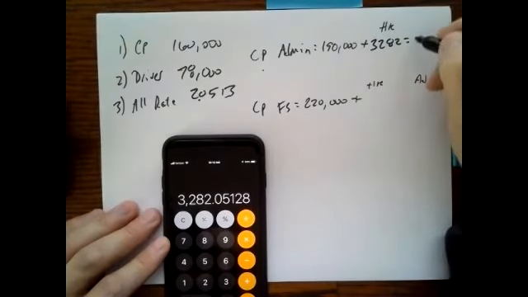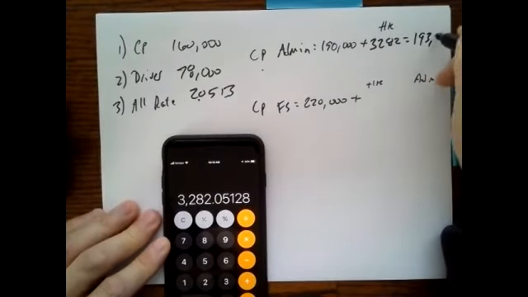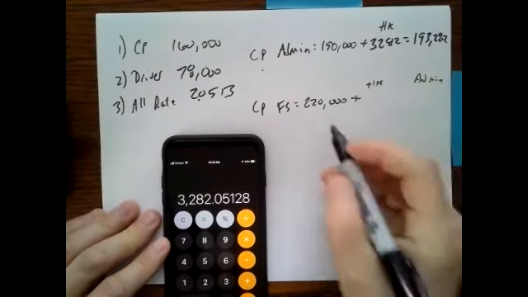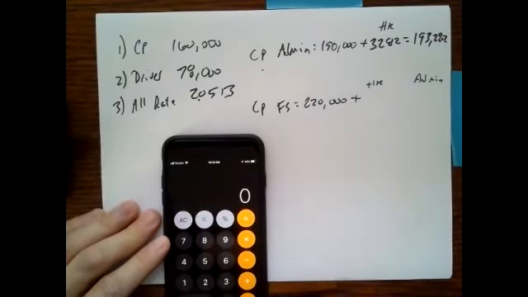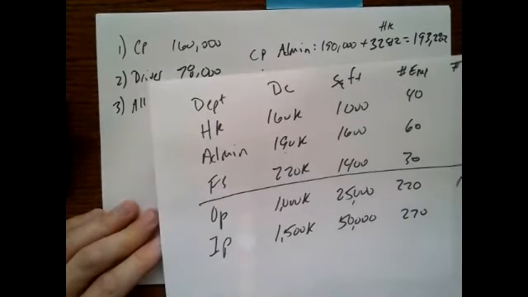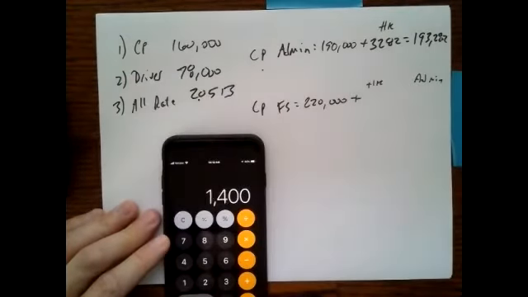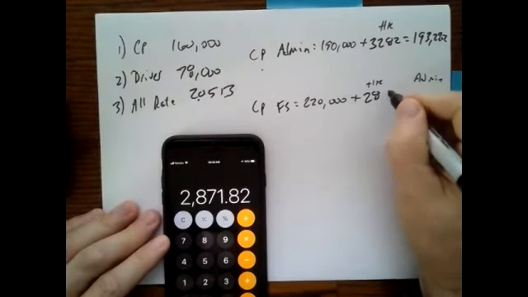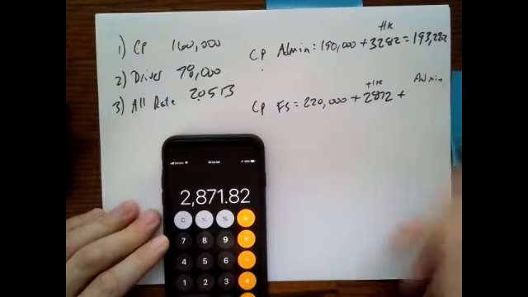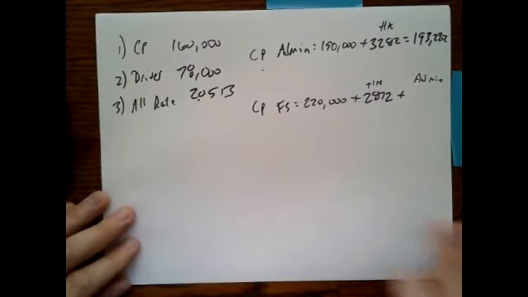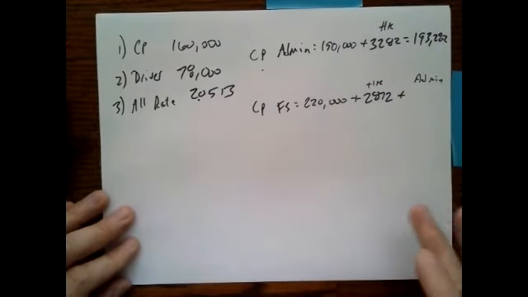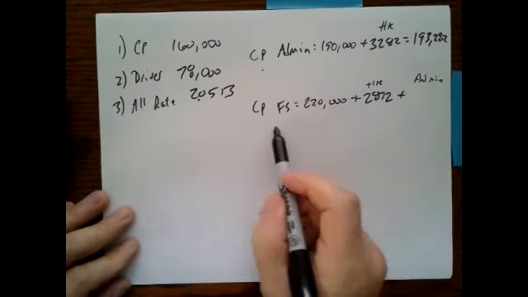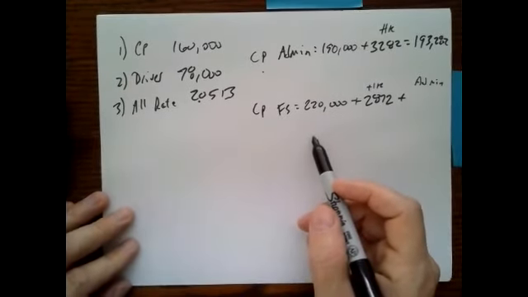So the cost pool for admin is going to be 193,282. And we said 2.0513 per square foot times, for financial services, 1,400 square feet is $2,872. Okay. And we're not going to bother with outpatient and inpatient at this point because we don't care. We're really only interested ultimately in what the cost pool is for financial services.